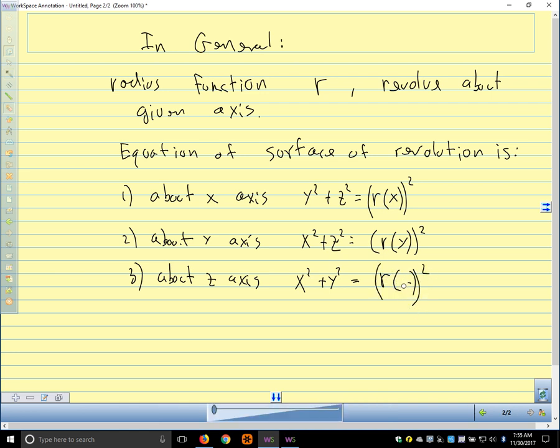So that gives us a way to come up with an equation, or to visualize a surface as a surface of revolution, and then pick out its generating curve in one of the coordinate planes.